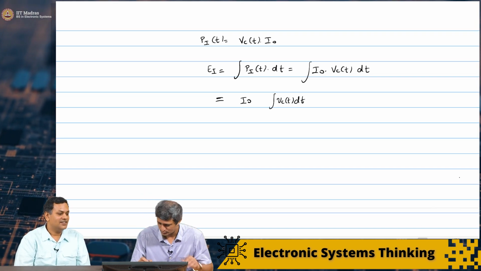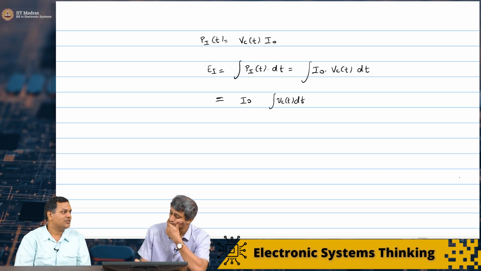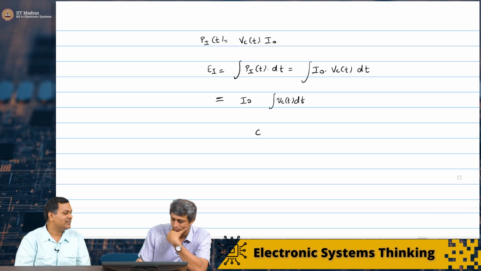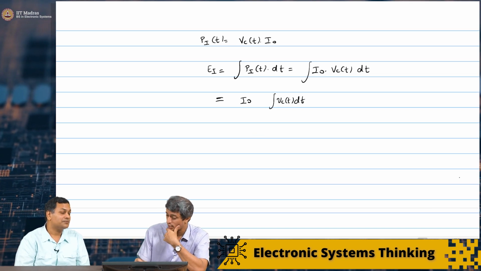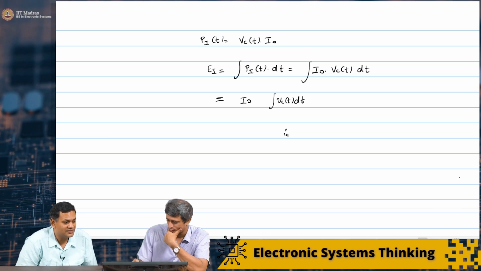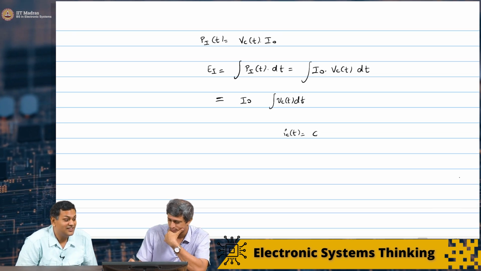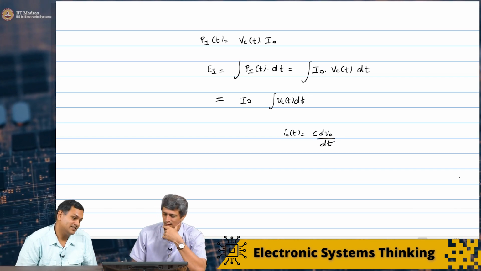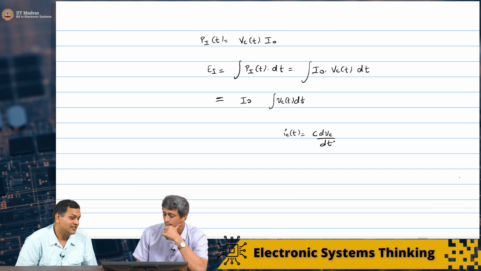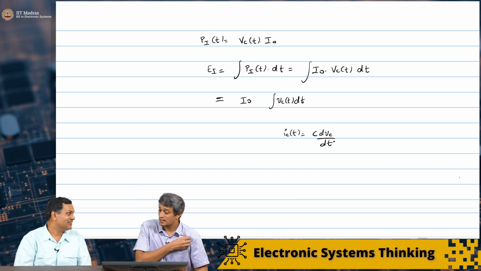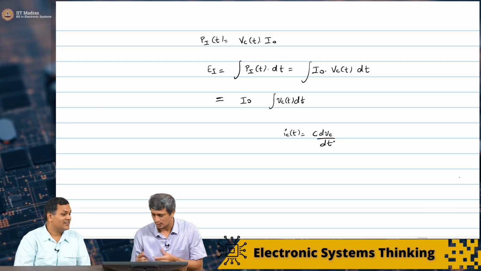What is this with respect to the current? If I look at the current through the capacitor, IC of T is C dVc by dt, and this is equal to minus I naught.